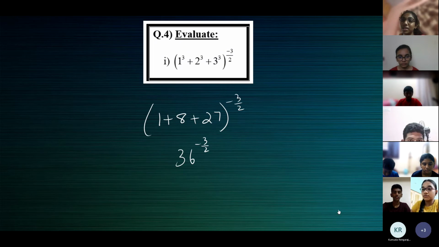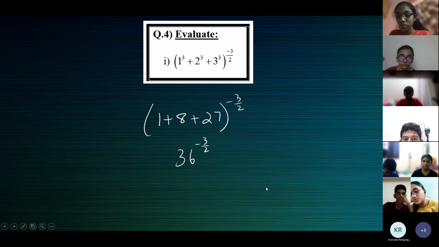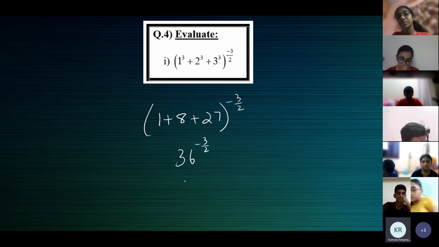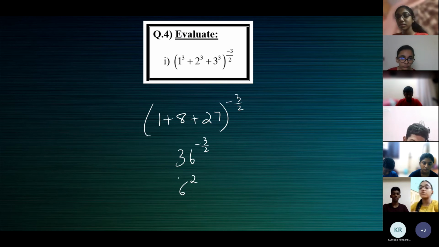Sorry. So what is 36? 6 to the power 2. The whole power minus 3 by 2, correct?